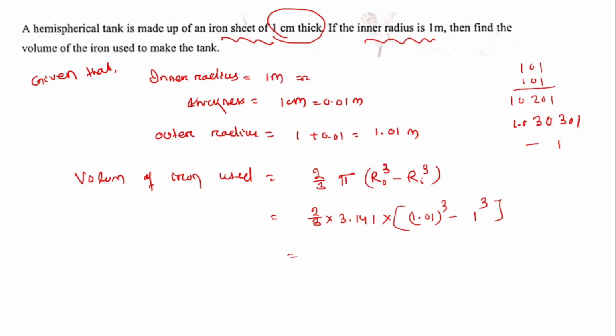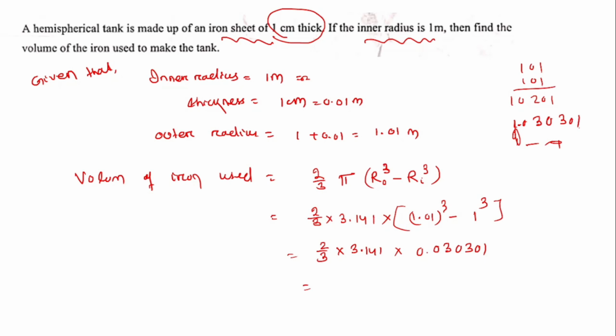So when you subtract 1, the answer will be 2 by 3 into 3.141 into 0.030301, okay, because when you subtract 1, the 1 will cancel. Now multiply, then divide.